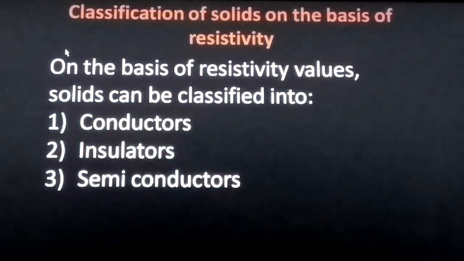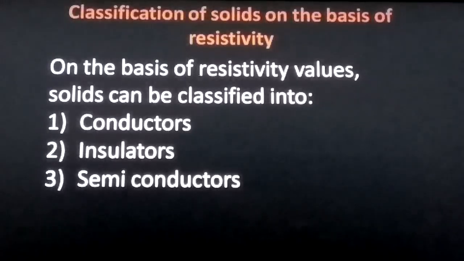So before starting this chapter, students, you know about the conductors and insulators in general. You know the definitions of the conductors and insulators. Solids are divided into two parts, the conductors and the insulators.